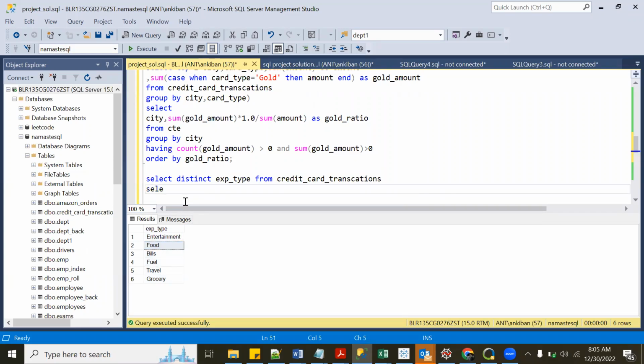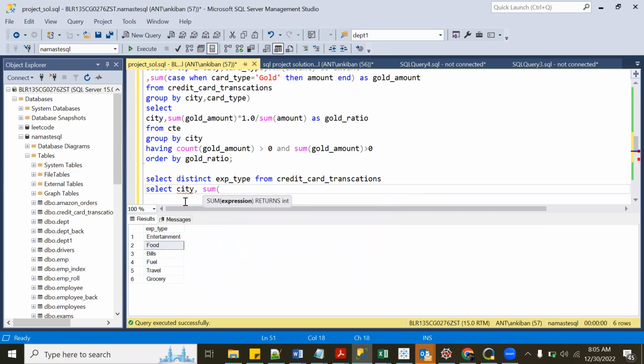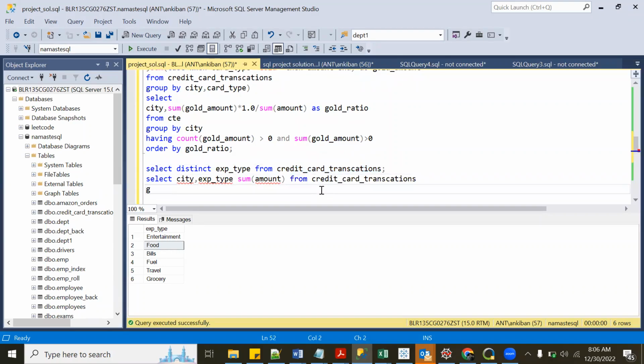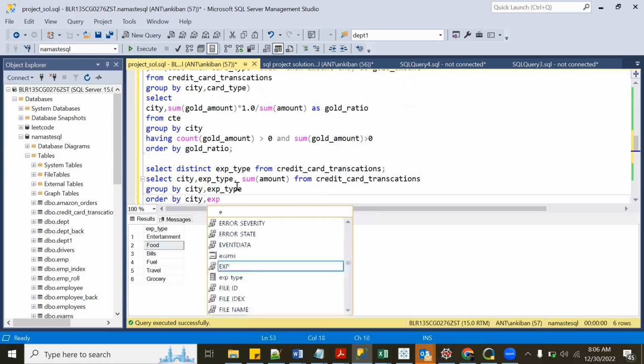I'll say select city, comma, sum of amount and expense type from the table, then group by city and expense type, order by city and expense type.